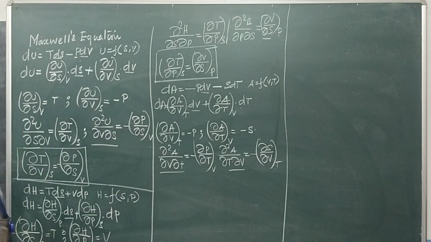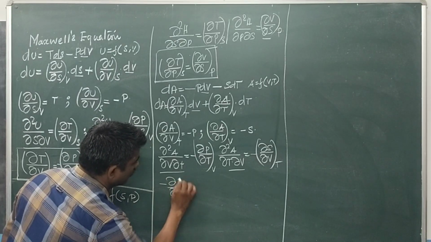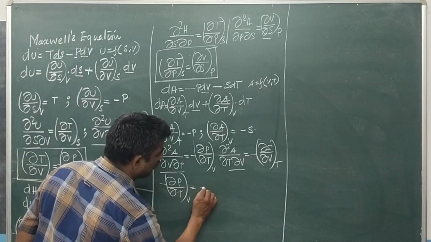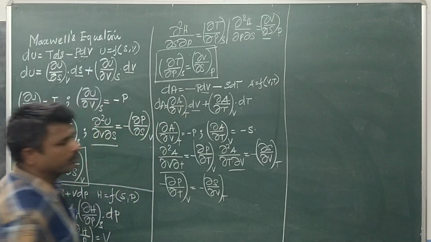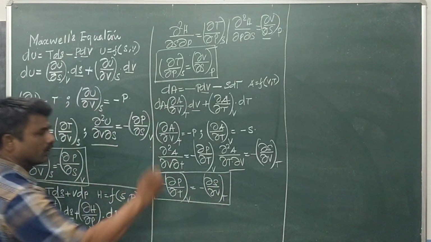Hence, I am going to write like this: minus of dou P divided by dou T at constant volume is equal to minus of dou S divided by dou V at constant temperature. This is the third Maxwell's relation.